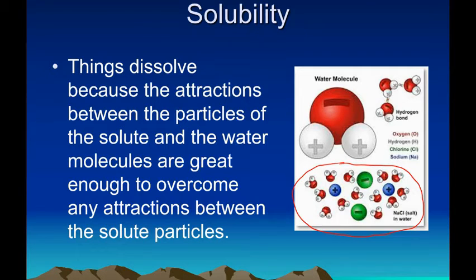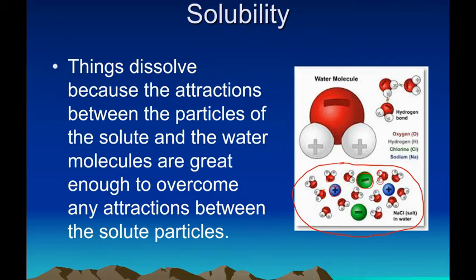The reason it's being broken up is because the partial positives on my water are going to be attracted to the partial negative from my chloride. And then the partial negatives on the water are going to be attracted to the partial positives. So now the attraction between the sodium ion and the chloride ion is not strong enough to fight the attractive forces with the water molecules, okay?